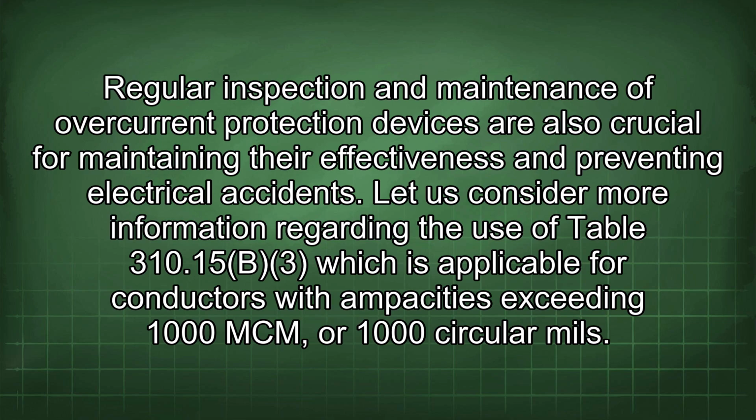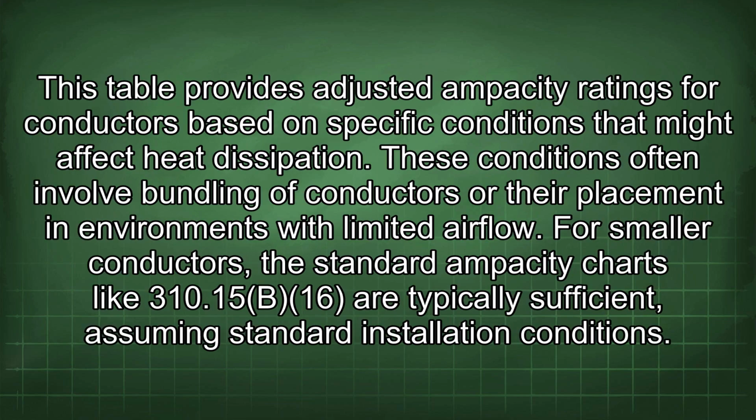Let us consider more information regarding the use of Table 310.15(B)(3), which is applicable for conductors with ampacities exceeding 1000 MCM or 1000 circular mils. This table provides adjusted ampacity ratings for conductors based on specific conditions that might affect heat dissipation.